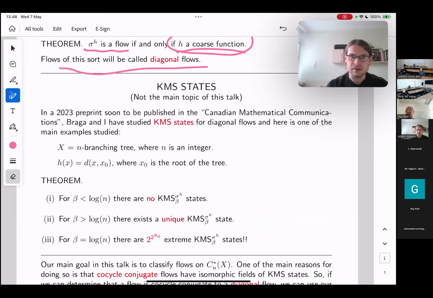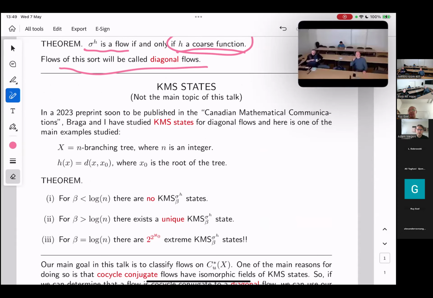So this slide was about looking at KMS states for diagonal coarse flows. We have a paper which is about to be published in the new Communications of the Canadian Mathematical Society, with Bruno Braga, in which we study KMS states only for coarse diagonal flows.